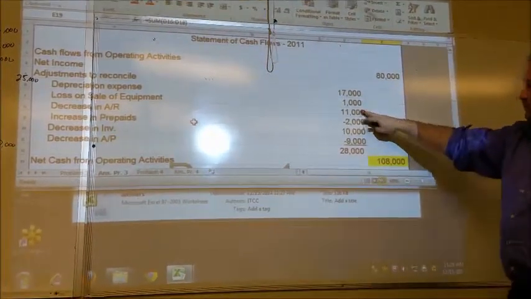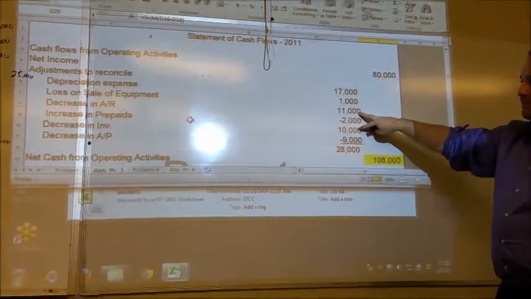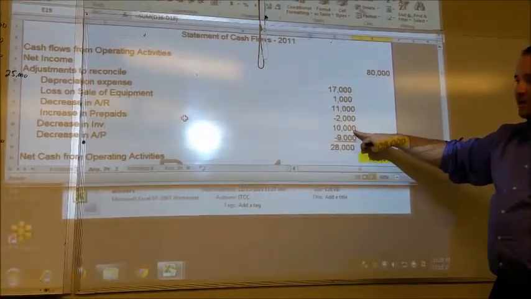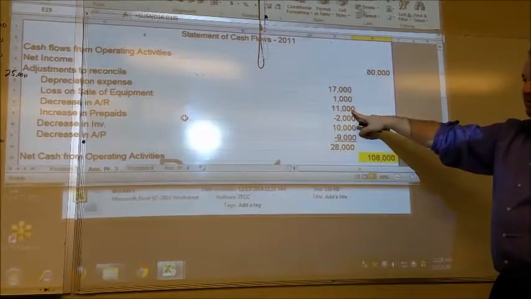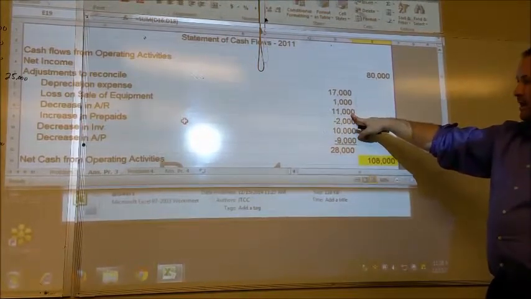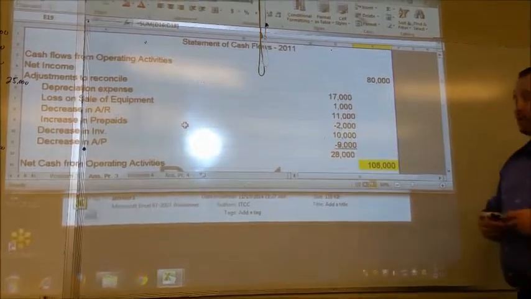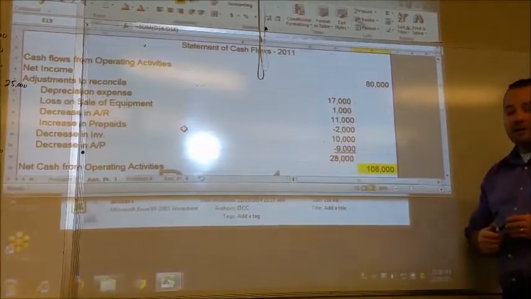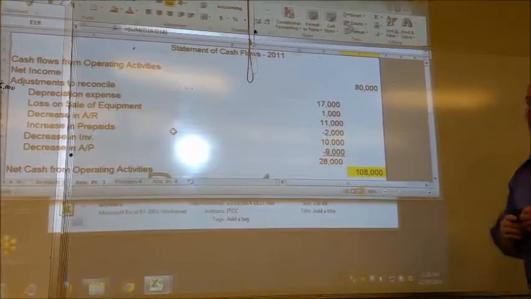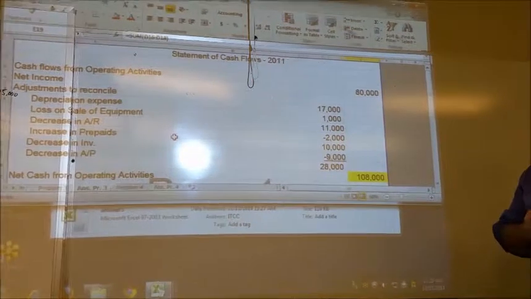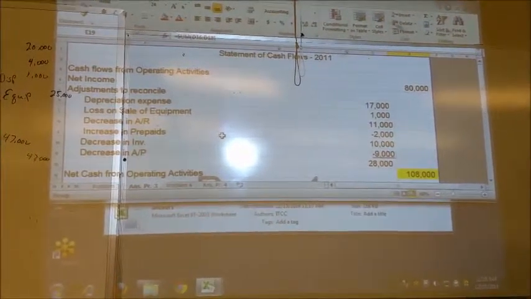And then the rest of these are the more common ones that we've already done. These are our 3 current assets that have changed. Just as an example here, if accounts receivable goes down, that typically means I brought in money. AR going down, we would have debited cash as our most likely journal entry.